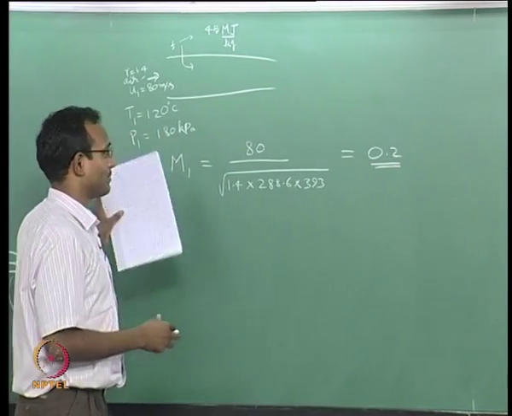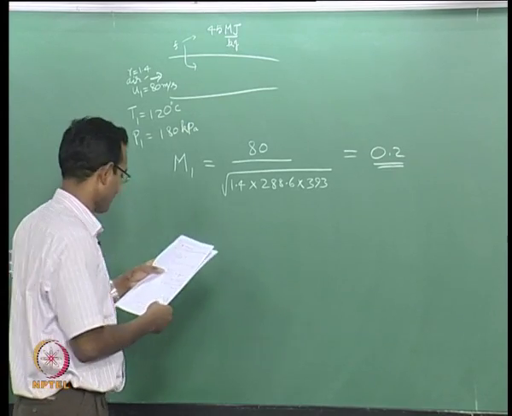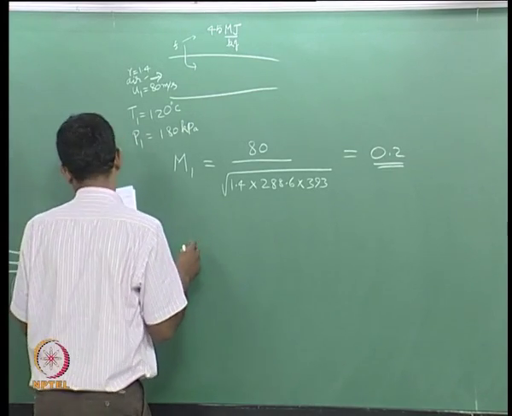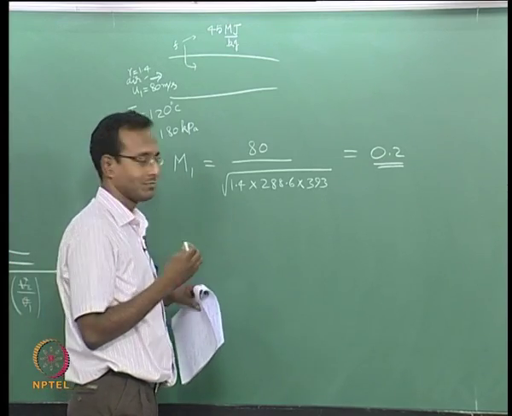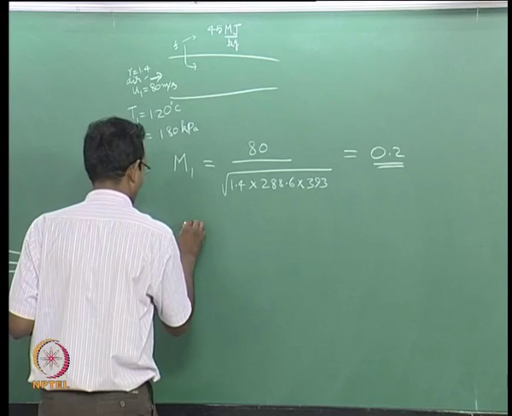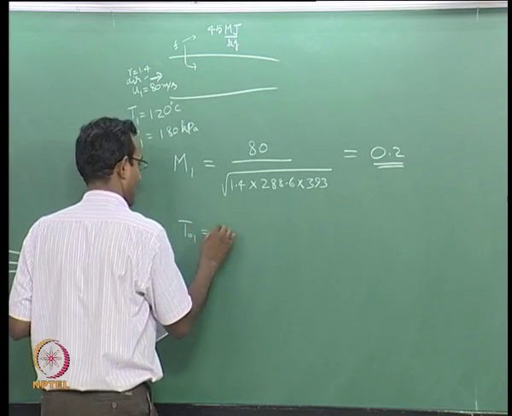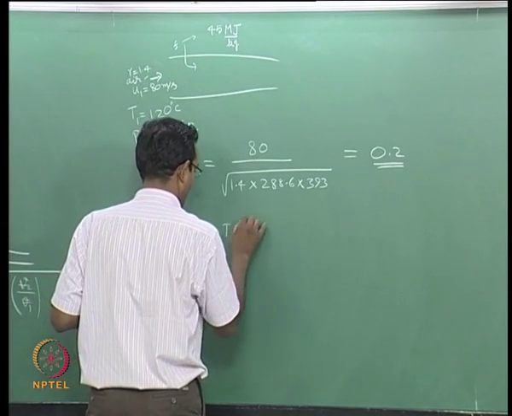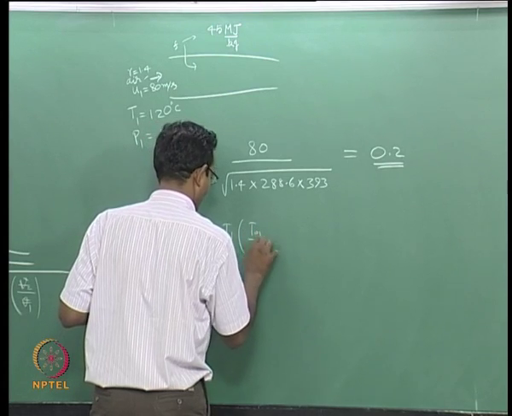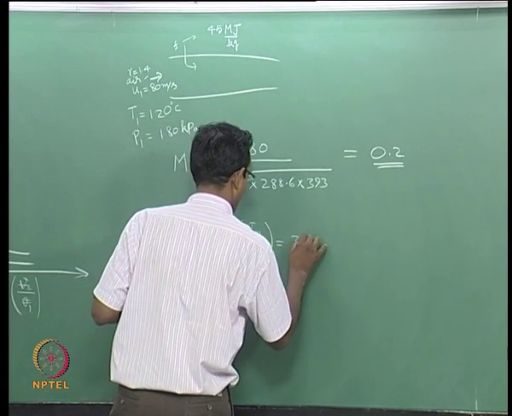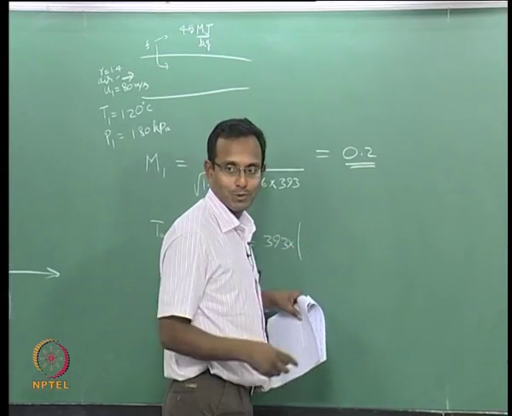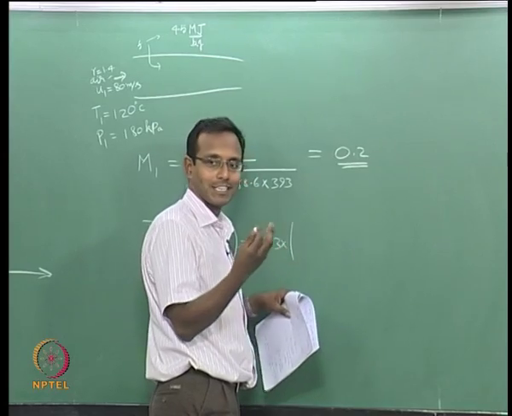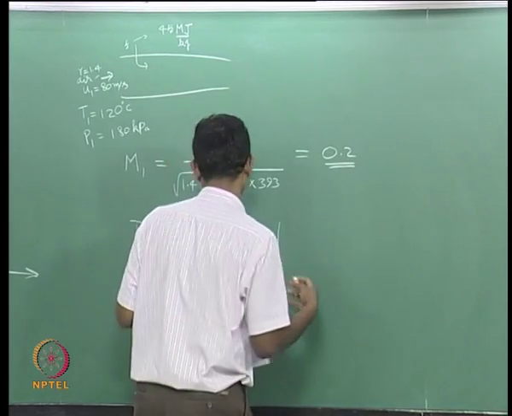Okay. So I picked a number such that it gives a nice number finally. Anyways, I need to find T naught 1 from here, because we want T naught star. So T naught 1 is equal to T1 times T naught 1 by T1, which is 393 into 1 plus (gamma minus 1) by 2 M squared, or I will just look up my isentropic tables for that Mach number.